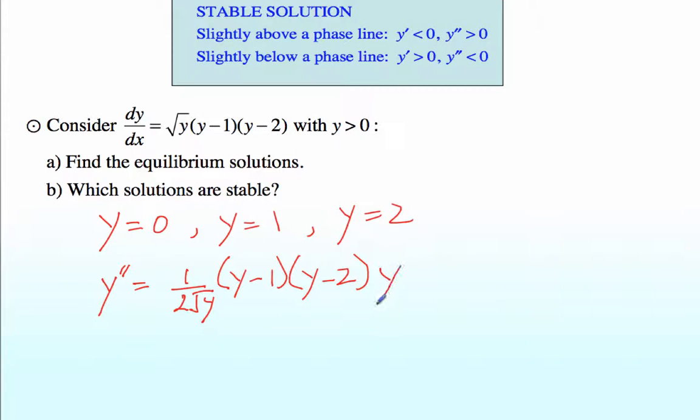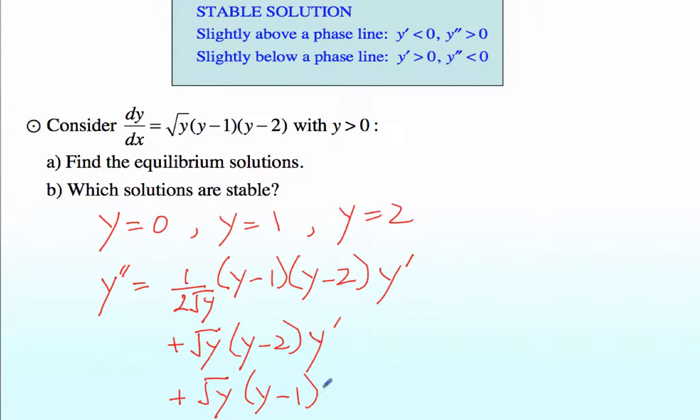So we have y prime here. Next, we're going to differentiate this, leaving the first and the second unchanged. So square root of y, y minus 2, y prime. And then finally, we're going to have square root of y, y minus 1, y prime. So you can see that the second derivative of y will be proportional to the first derivative of y.